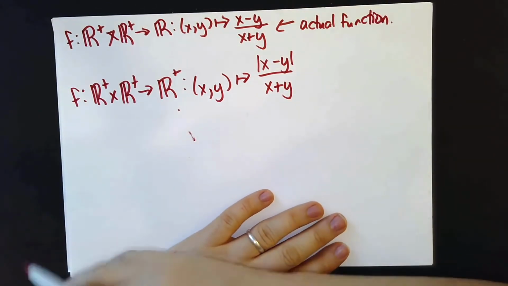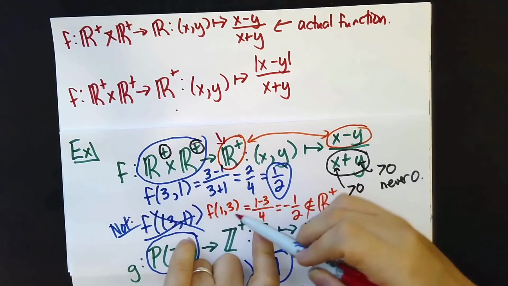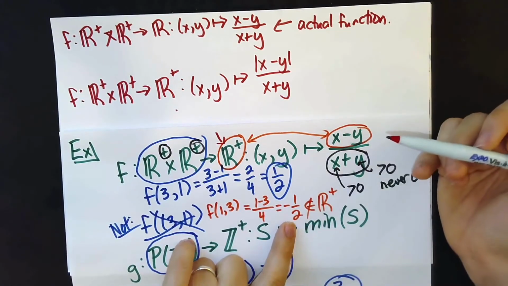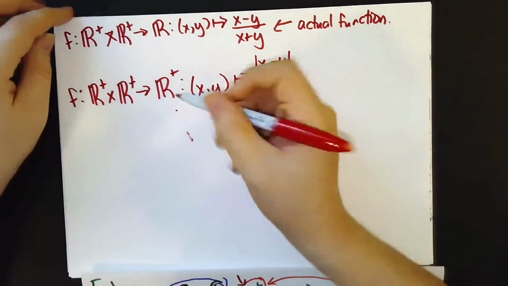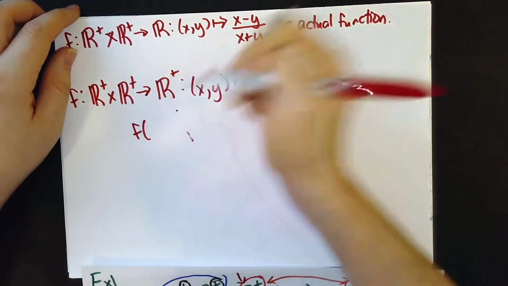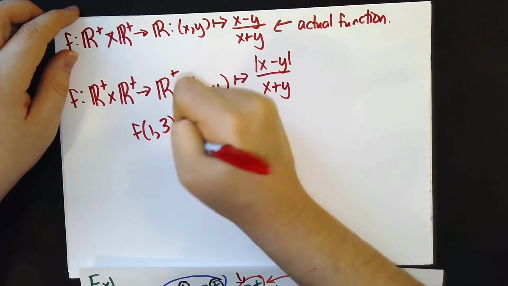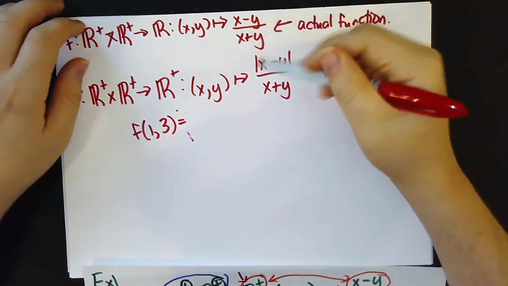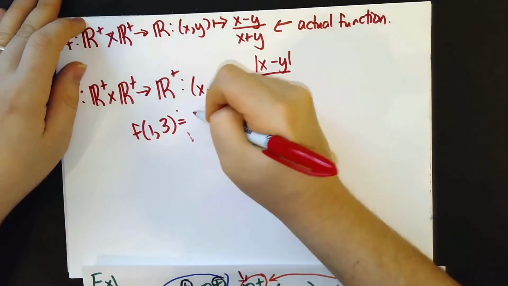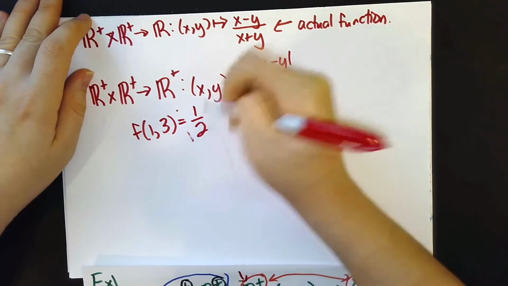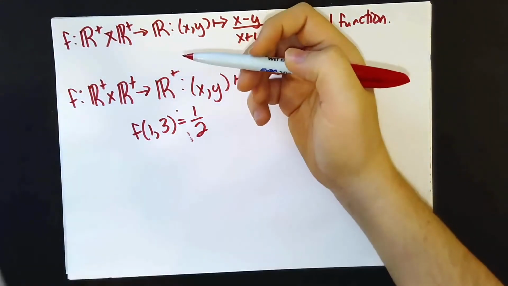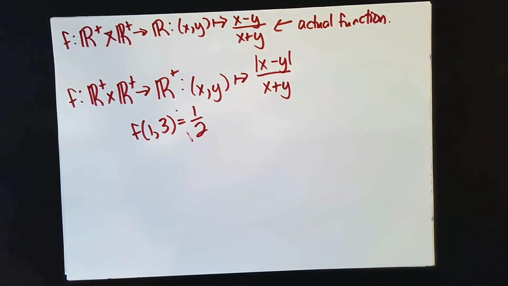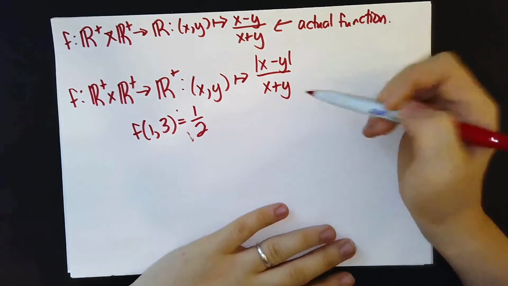And so if you look back here, our problem was that when I took f of something like 1, 3, it worked out to be negative a half. But if I used this definition, then f of 1, 3, because of this absolute value, actually becomes positive a half, and it's really in the positive reals. And so you might think of this as a different way of fixing up the function f.